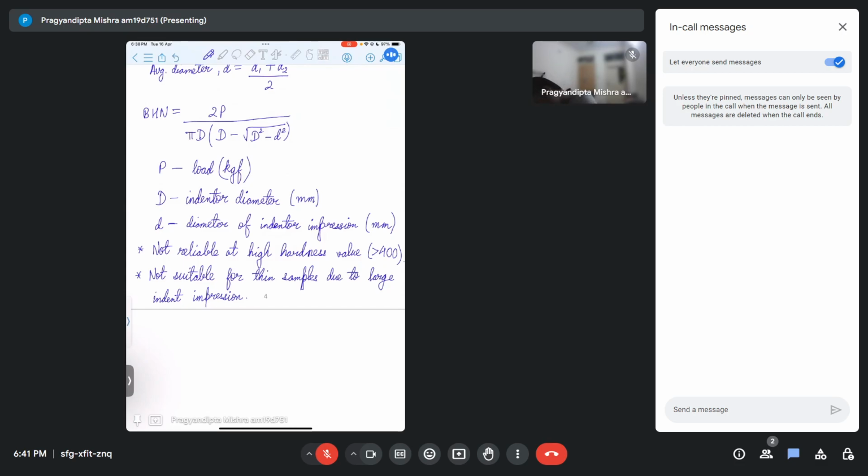Okay, so let's say it is something like this. Okay, so at the bottom we'll have some 136-degree angle between the faces.